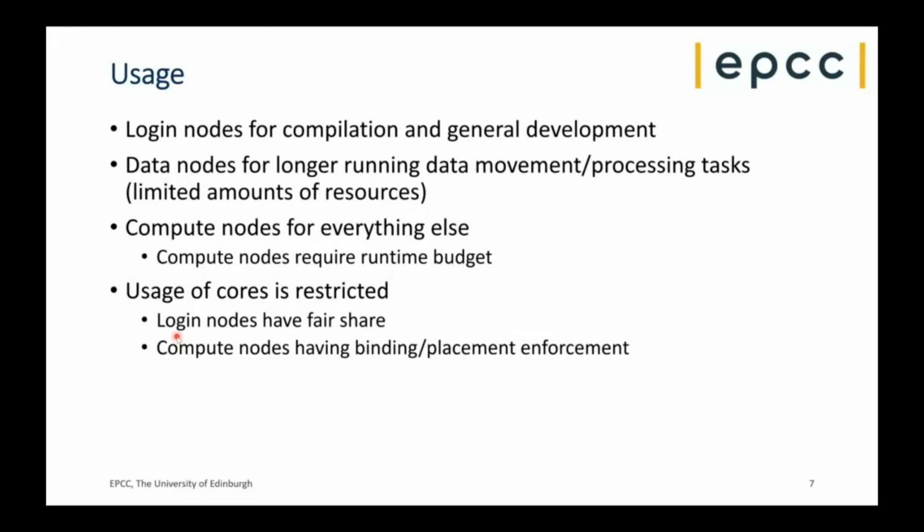On the login nodes, you can run compilation tasks and things like this, but you only get what we call a fair share. So you can't use all the cores on the login nodes because that would disrupt other people's work.